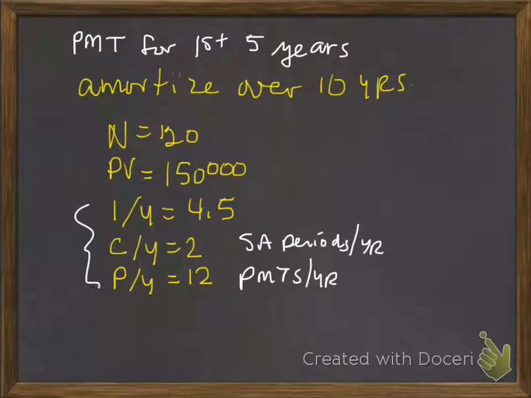And then we'll go second quit once we've finished entering our interest information. I think that we now have all of the details that we need. So we've got N is equal to 120, PV is equal to 150,000. We are now ready to compute the payment.